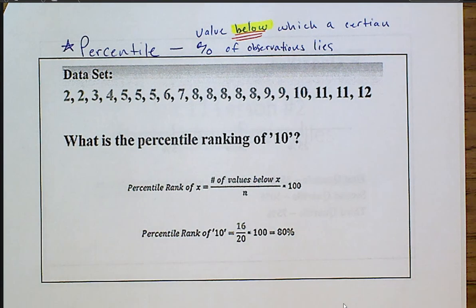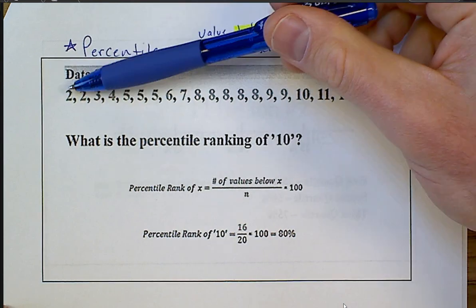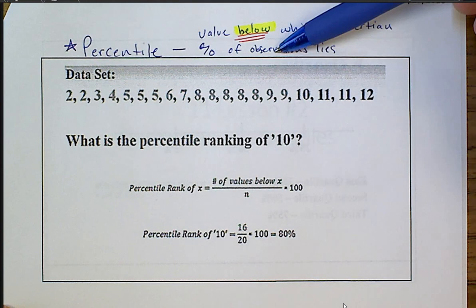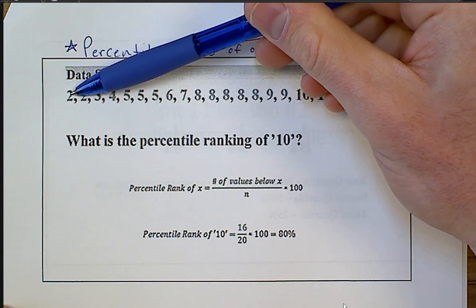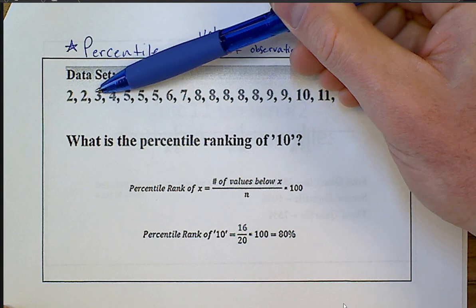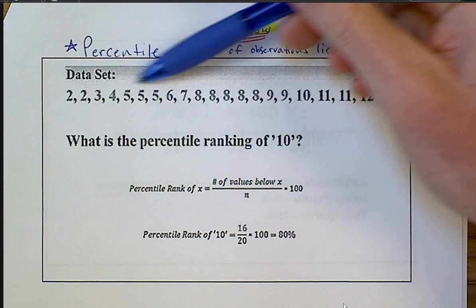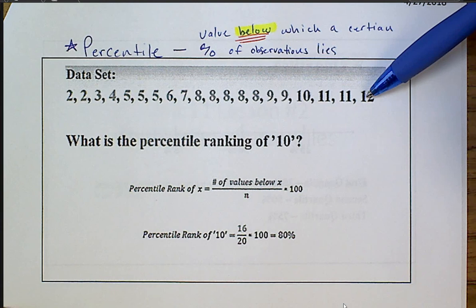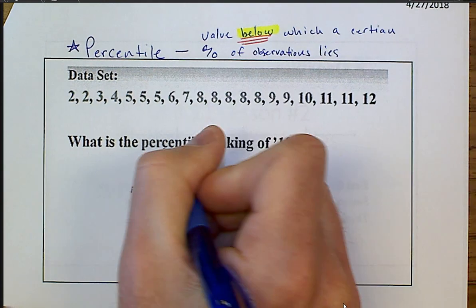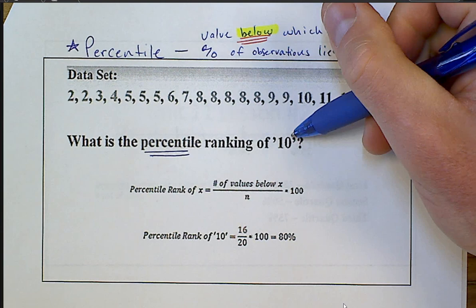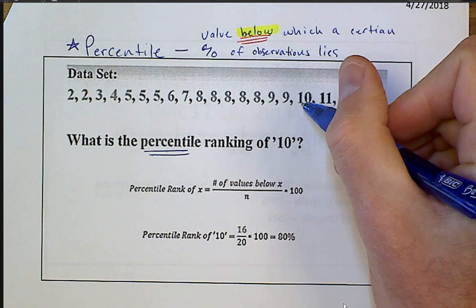So we have this example where, when we talk about observation, this is an individual observation 2, this is another observation 3, observation, observation, observation, you get it, okay? So here's all of our data. It's already in order for us, which is nice. It says, what is the percentile ranking of 10? Well, here's the observation that is 10.